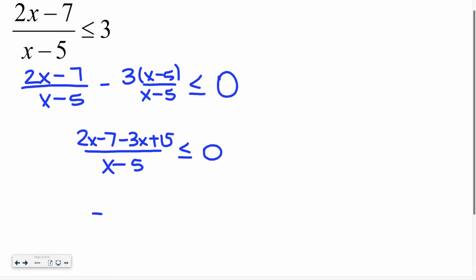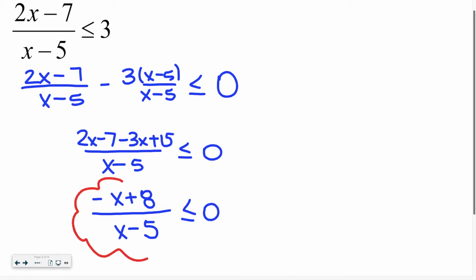Okay, and now what is my inequality? X minus 5 is still my common denominator, but what's in our numerator? Negative x plus 8. Negative x plus 8. Okay, so this is what we need to be working with in order to determine our intervals.